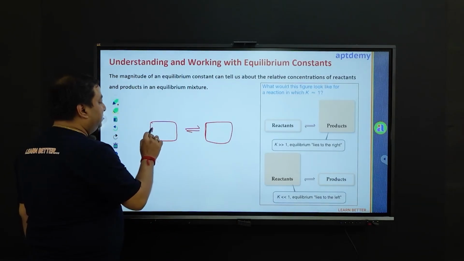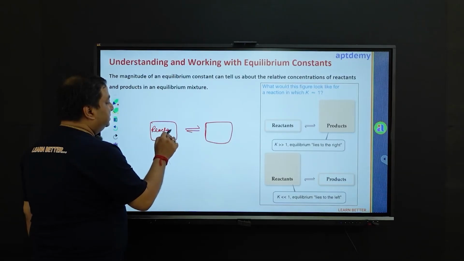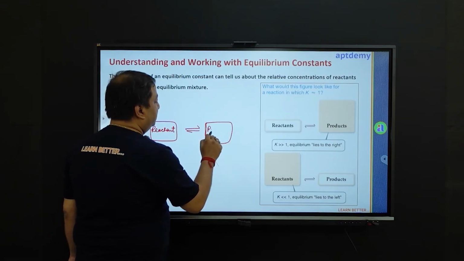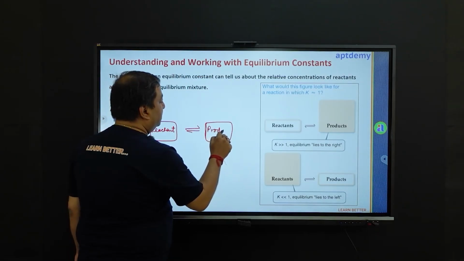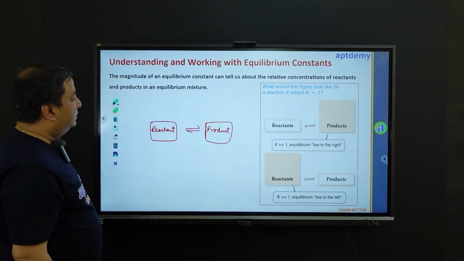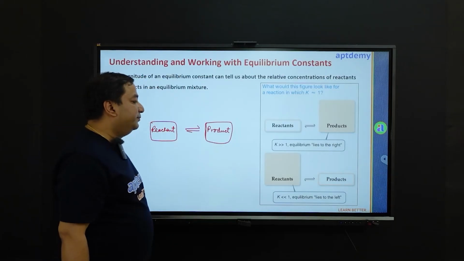So if this is for the reactant, and this is for the product, both will be of the same size.